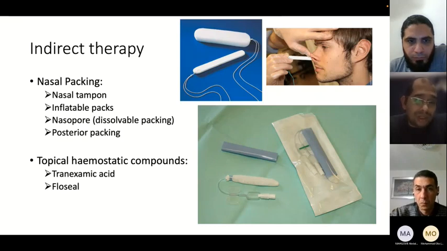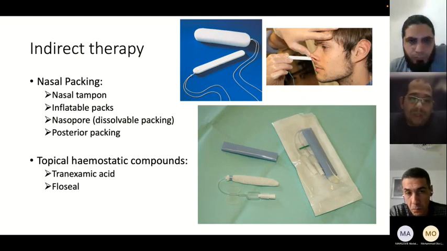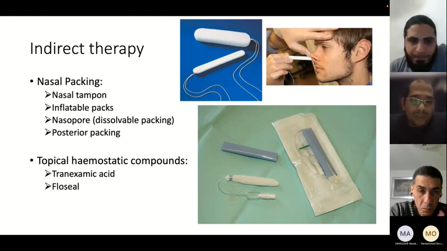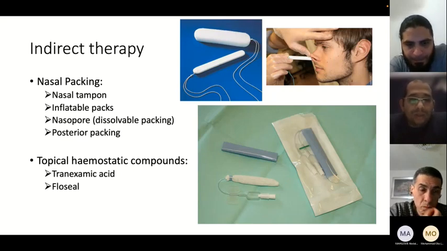Also, the blood clot itself sequesters platelets, affecting hemostasis by sequestering all the platelets. So removing the blood clots is one of the important steps in controlling the bleeding.